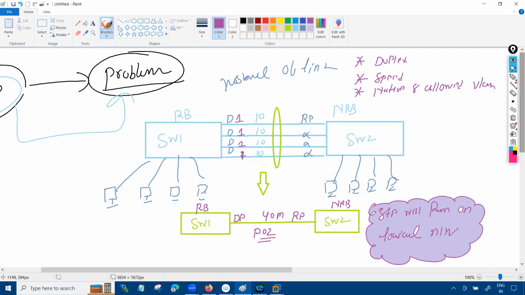Make sure it should also be one. The same native VLAN and same trunk allowed VLAN should be configured. For example, if this guy is configured with trunk allowed VLAN 10,20, and this guy 10,20, and this guy only 10, and this guy 10,20, then again your EtherChannel will not be up. So make sure that you have the same configuration. Then what?